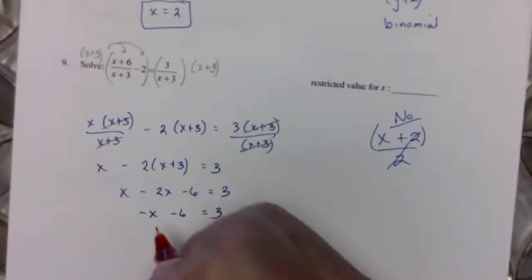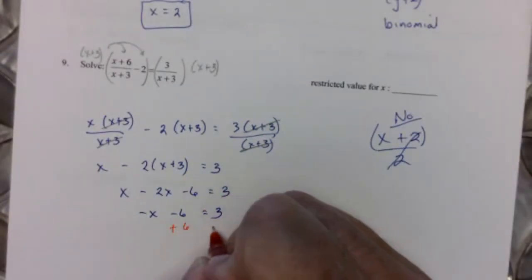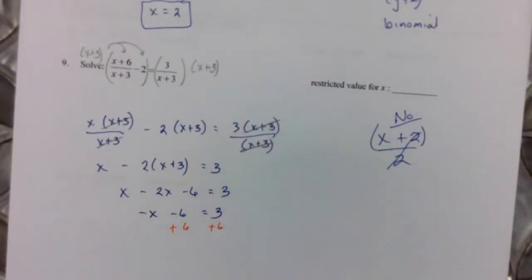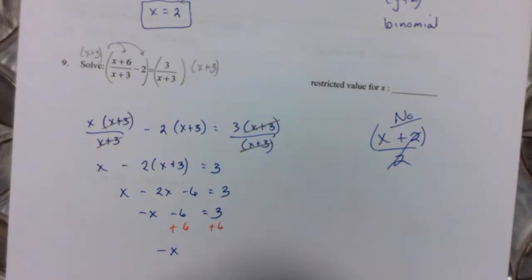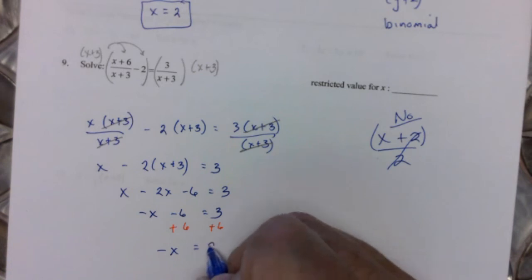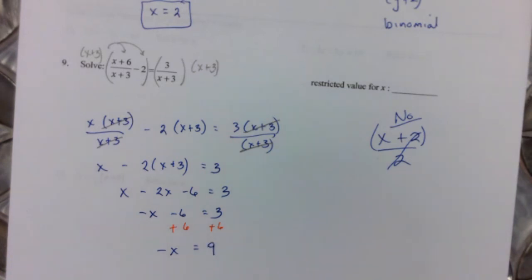Looks like I'm going to add 6. Maybe I did do it. Maybe that 9 is right. -x equals 9. How do I get rid of a negative? Multiply both sides by -1. I got x equals -9.